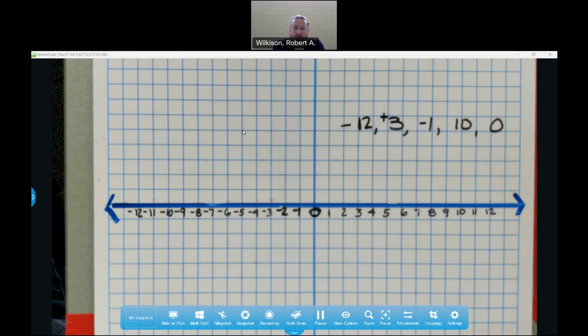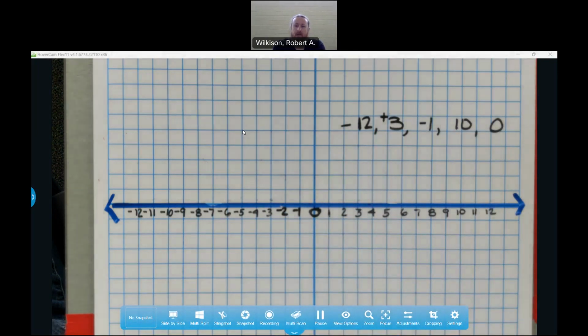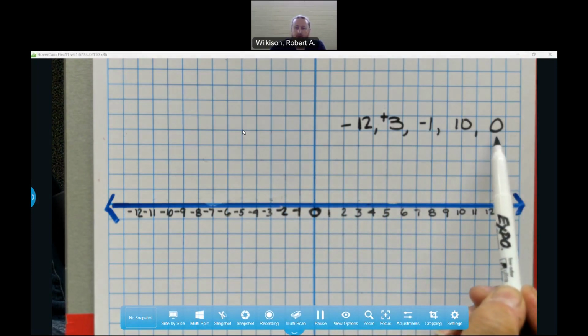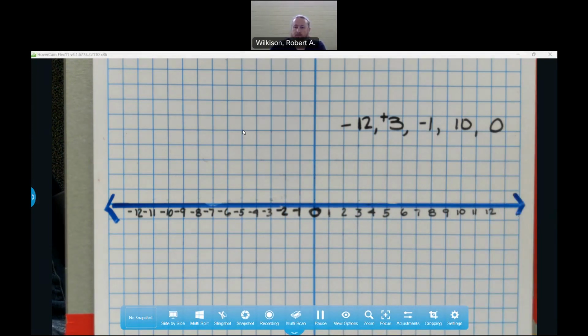We understand it's positive. But to indicate negative, we have to write the sign because we understand a number without a sign is positive. And 0, while it is part of our set of integers, is neither positive nor negative because it is 0. But it is part of the set. We just do not need to write a sign for it.